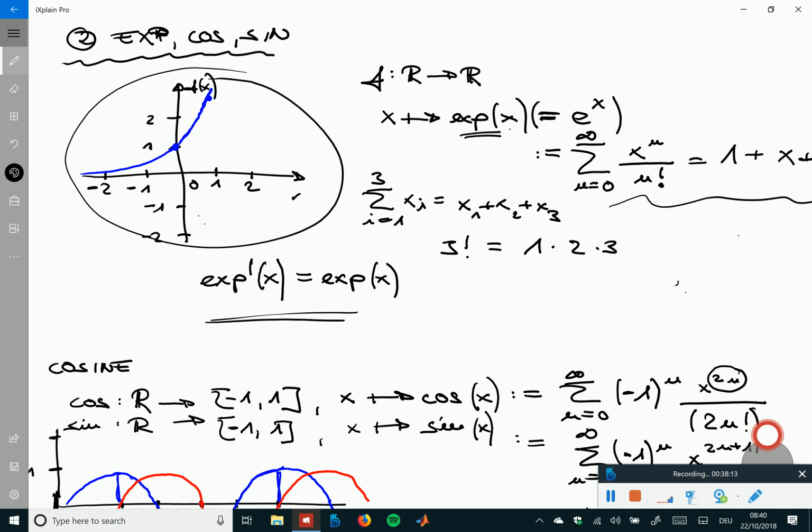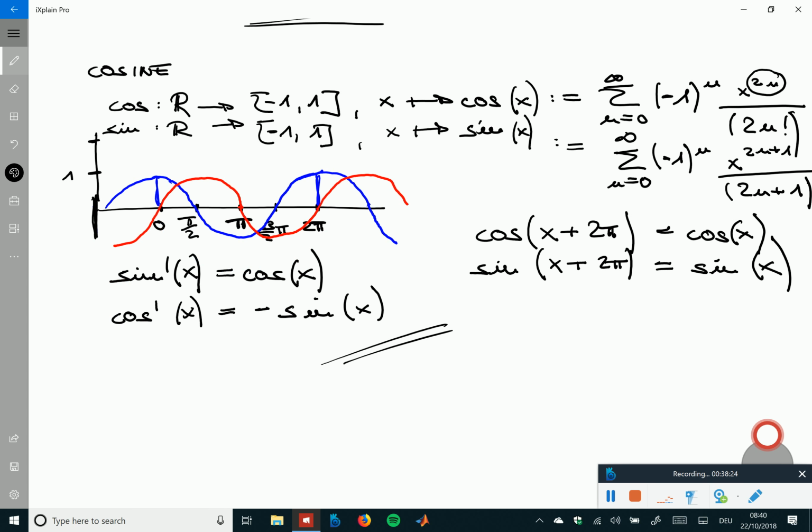Good. So maybe as a last thing for the first hour today, I now tell you what I mean by generalized sine and cosine functions, because these are the elementary building blocks of Fourier analysis.